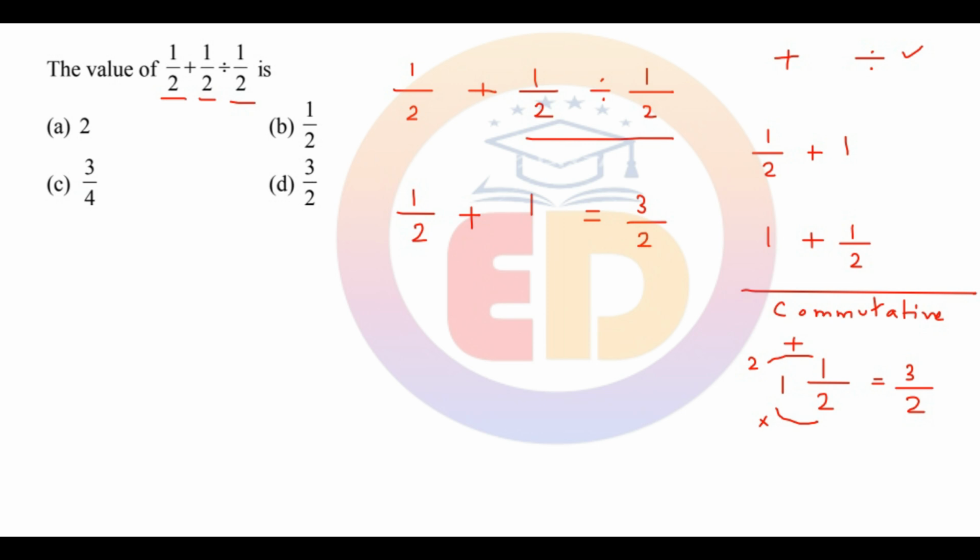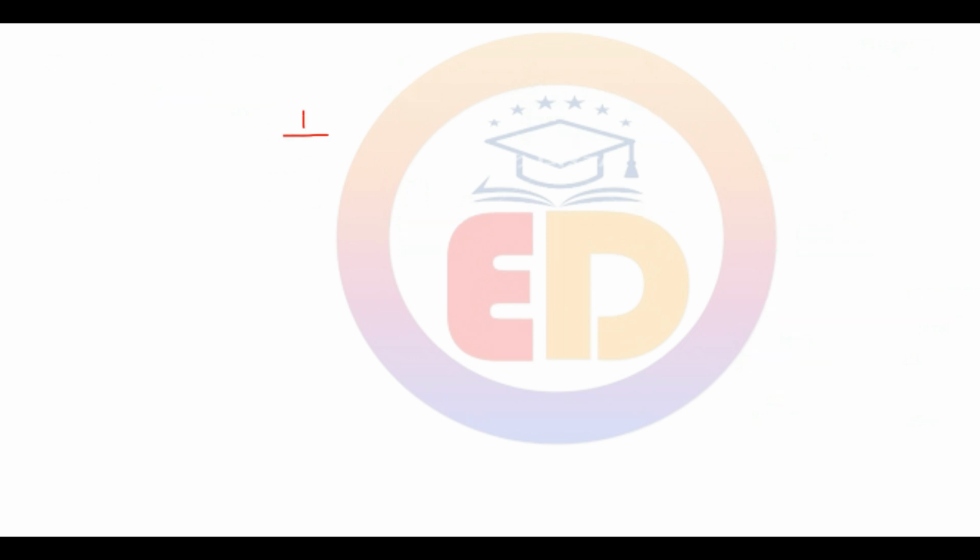So 1 by 2 plus 1, directly you can get the answer as 3 by 2. However, let us understand the actual method of adding this. 1 by 2 plus 1. Here this 1 is a whole number. Let us convert it into a fraction by adding 1 in the denominator. Now the two fractions I have are 1 by 2 plus 1 by 1. How to add them? Let us make the denominator same.